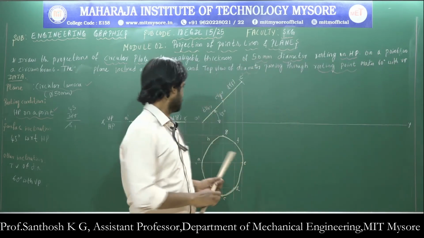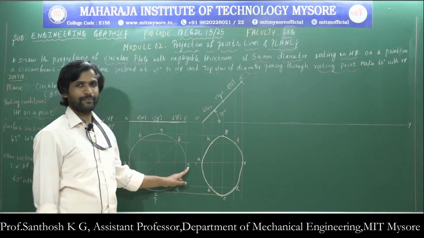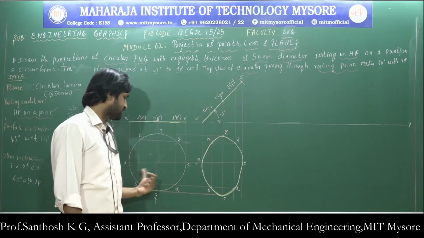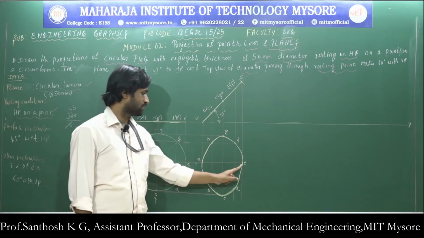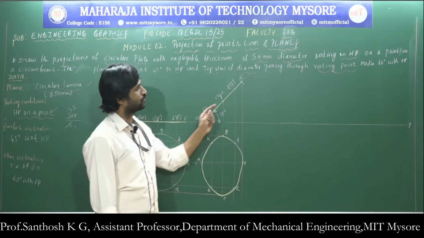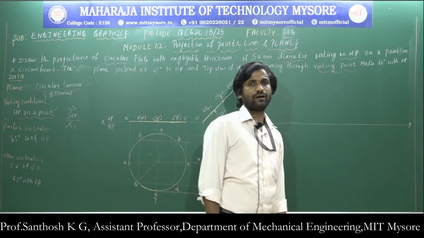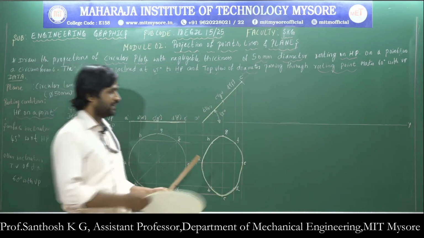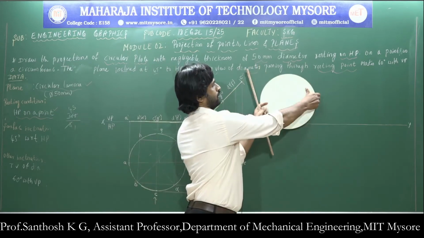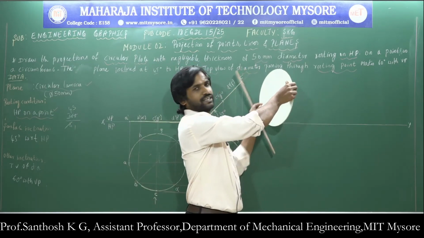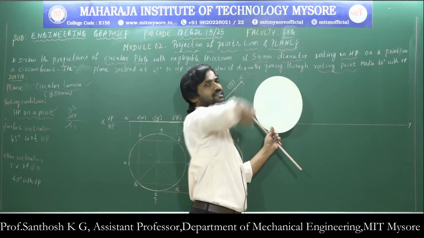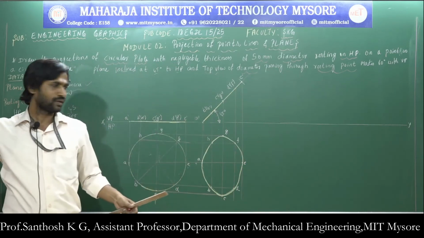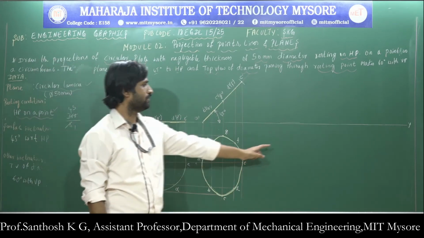The diameter on which the lamina is resting is A dash E dash, or AE. This diameter AE should be inclined at an angle of 60 degrees with respect to VP. When you take any lamina and give it an inclination with respect to the vertical plane, the angle of inclination can be seen only through the top view, and we have the top view in HP.